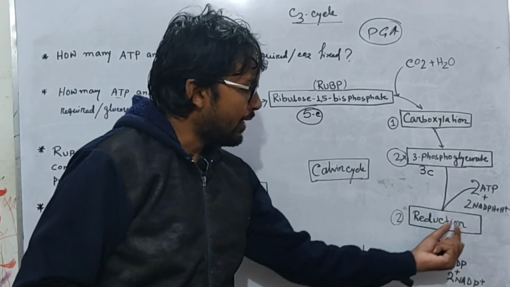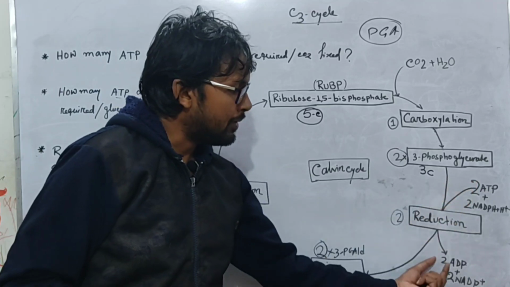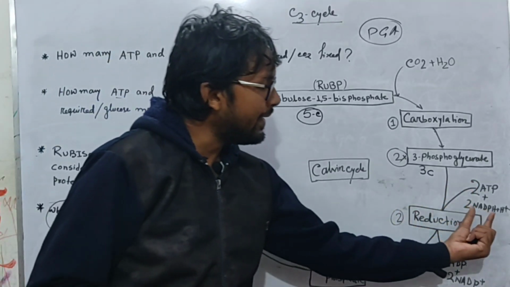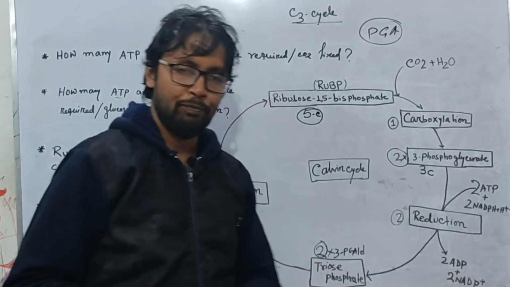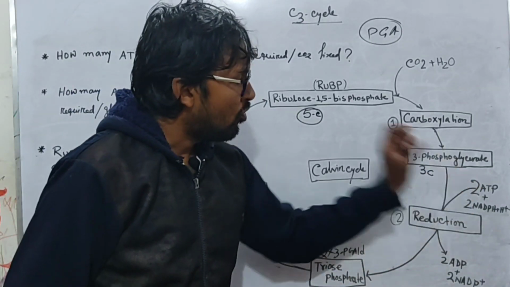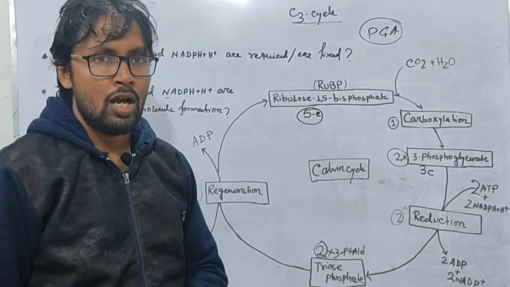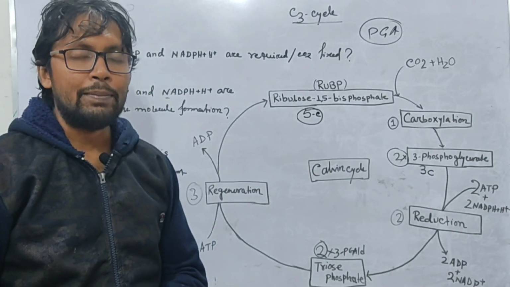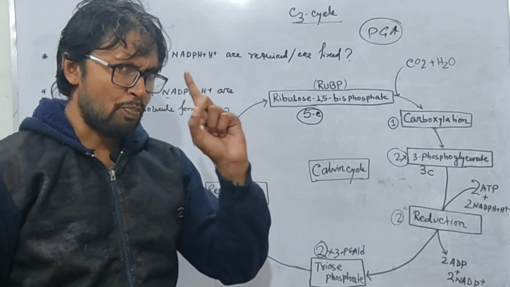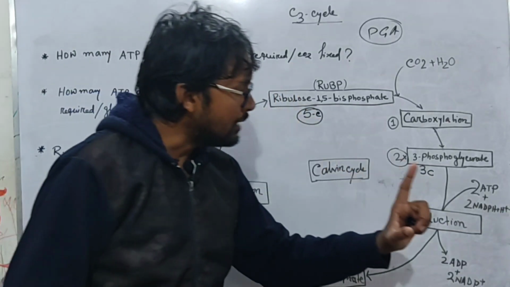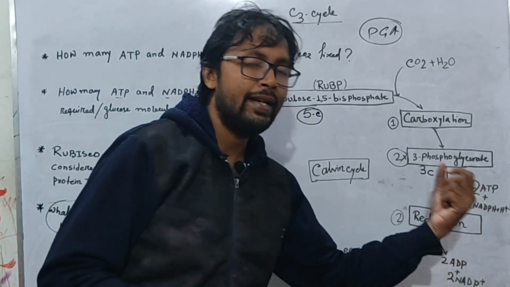Here the 2 ATP convert into 2 ADP, and 2 NADPH will be converted into NADP. Now, for the reduction stage, how many molecules of ATP and NADPH are required per carbon dioxide? The answer is 2 ATP and 2 NADPH.